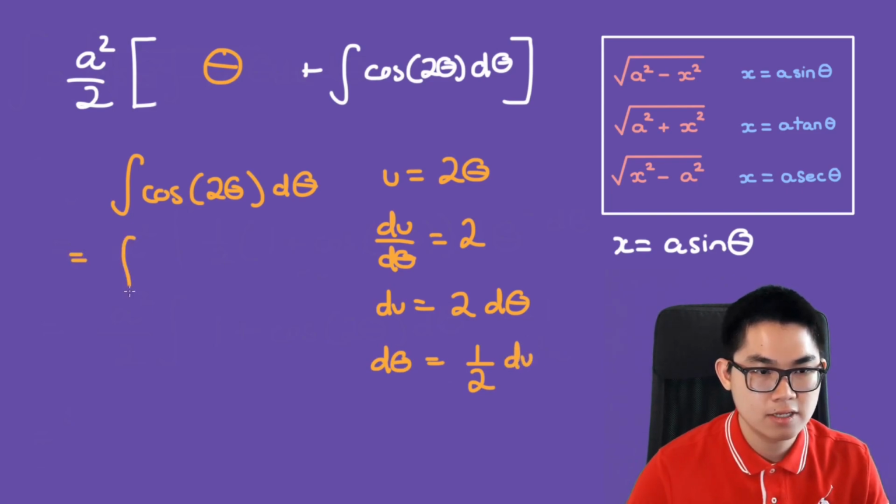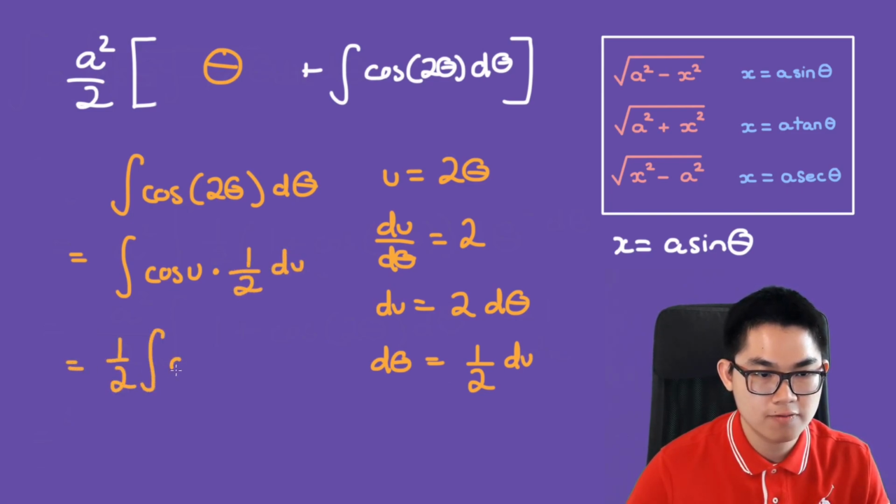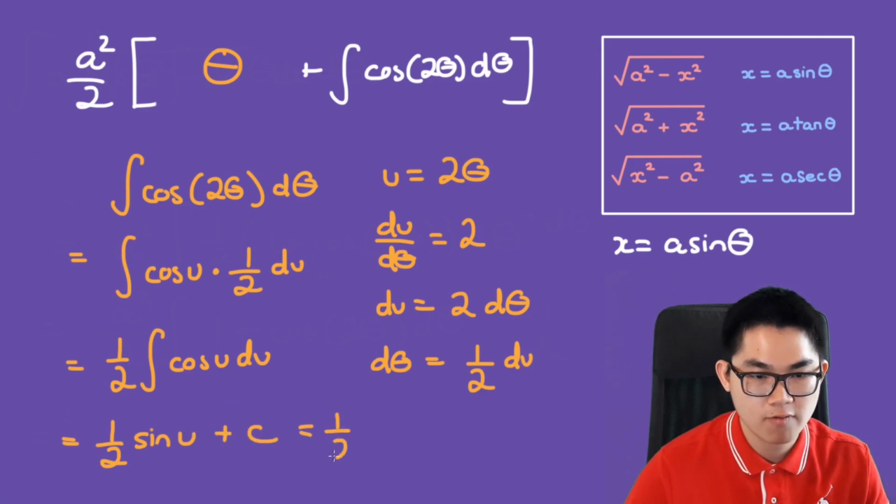So we have the integral of cosine of u, and d theta is 1 over 2 times du. We have 1 over 2 times the integral of cosine of u du, which is equal to 1 over 2 times sine of u plus c. And since u is 2 theta, we should change it back. So we have 1 over 2 times sine of 2 theta plus c.